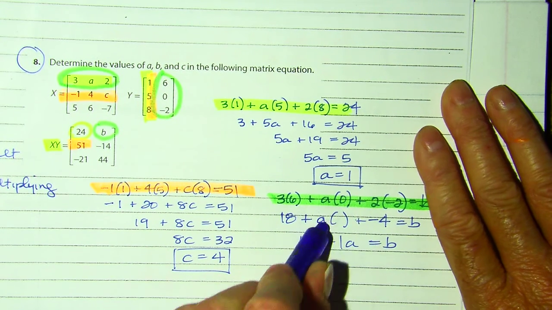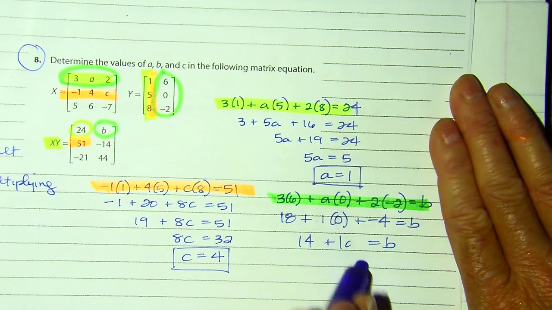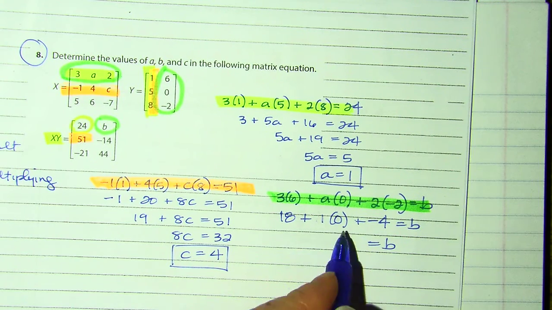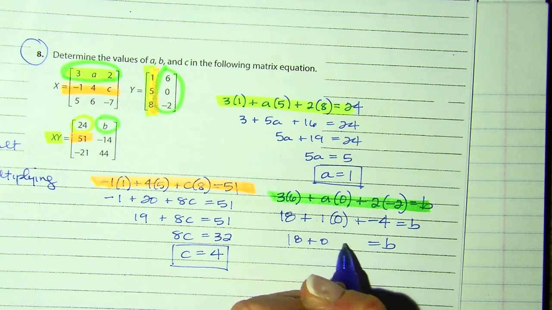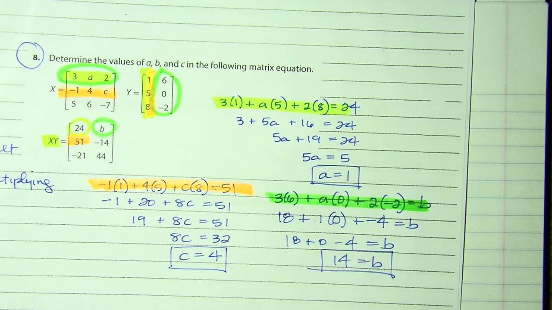I know A is 1 and this is 0. So 18 plus 0 minus 4 equals B. So B equals 14.